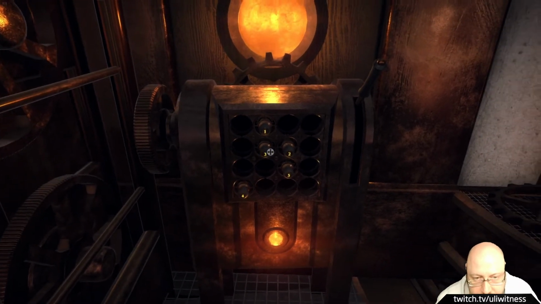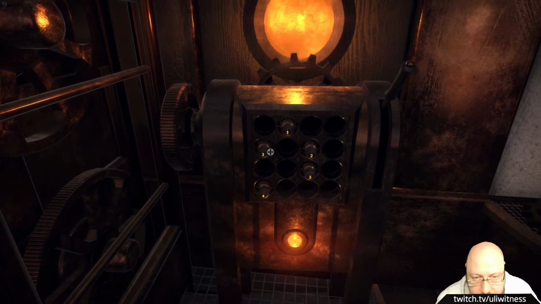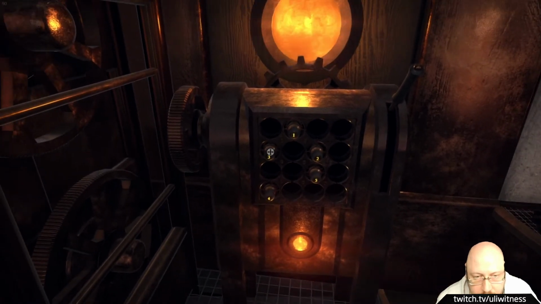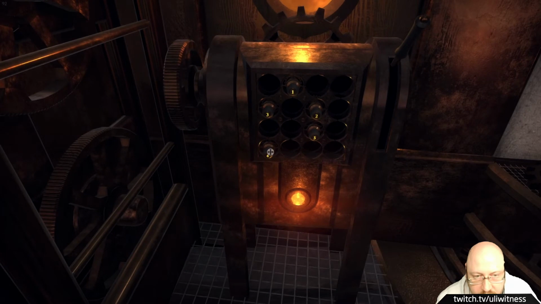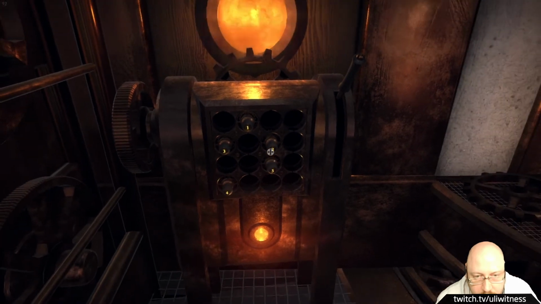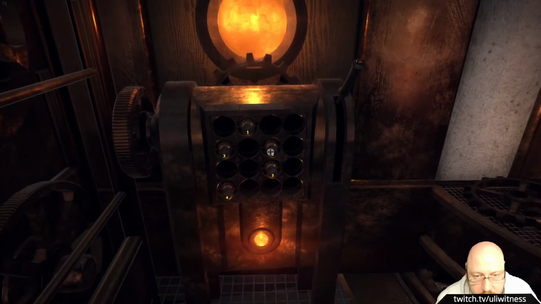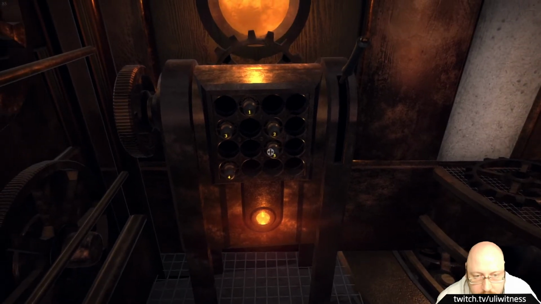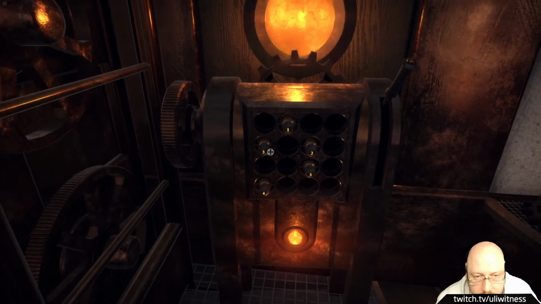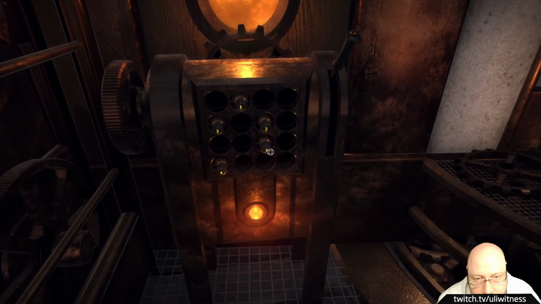So that means 3 could be here, or there, or there, or there. Let's leave it like that for now. The 3rd row is 7.